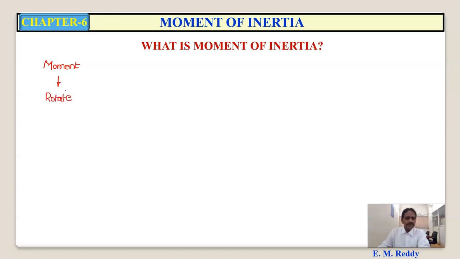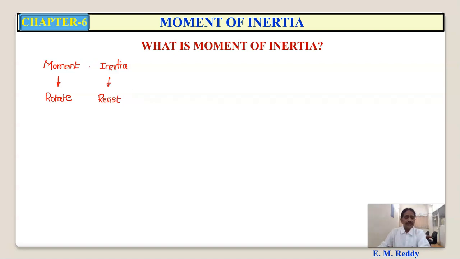Am I right? And inertia. What do you mean by inertia? It is the property of the body by which it offers resistance to change its state of rest or motion. So simply, it tends to resist to change its state of rest or motion.